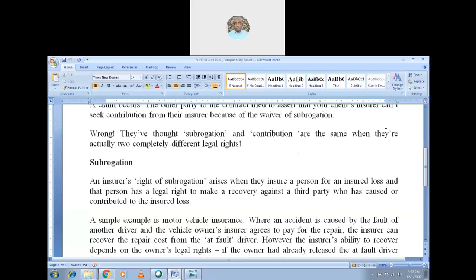But first and foremost, the insurance company will pay. Later on, they recover from the third person who caused the injury to the owner of the vehicle.